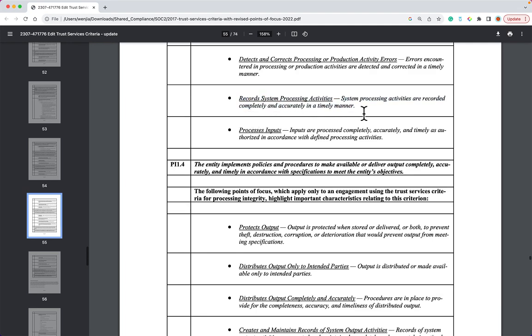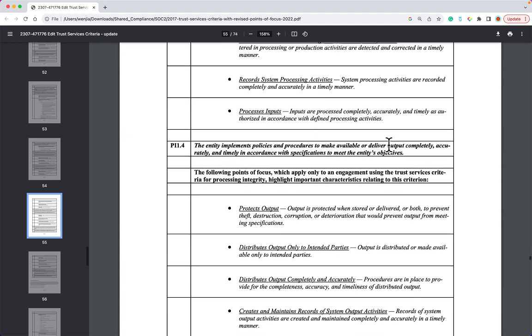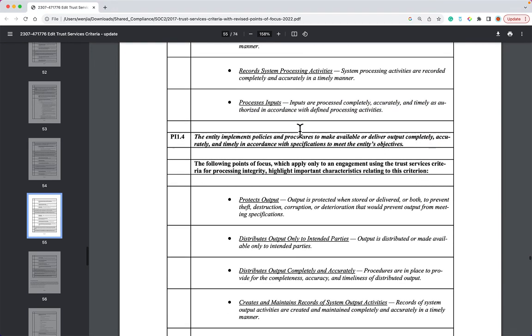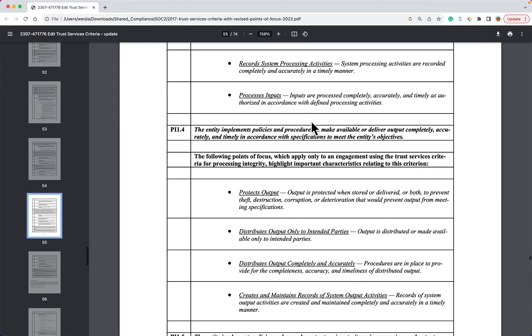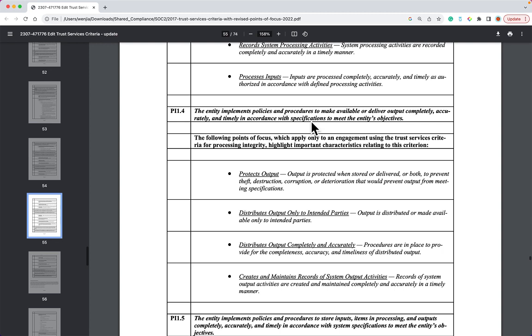So every time you have some process, you need to have some log to record and process inputs. After you have all these preparations in place, now you can start processing, and you need to make sure this processing is completely accurate and timely, and of course, authorized, legally.